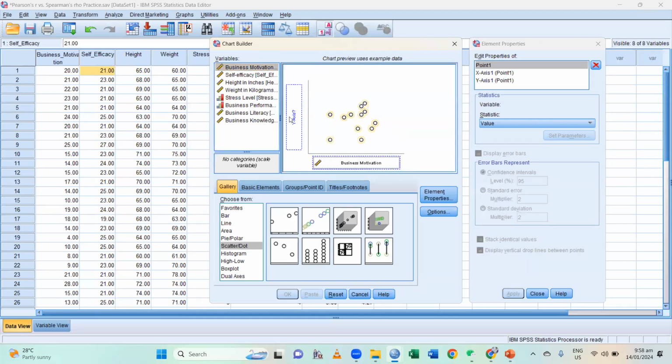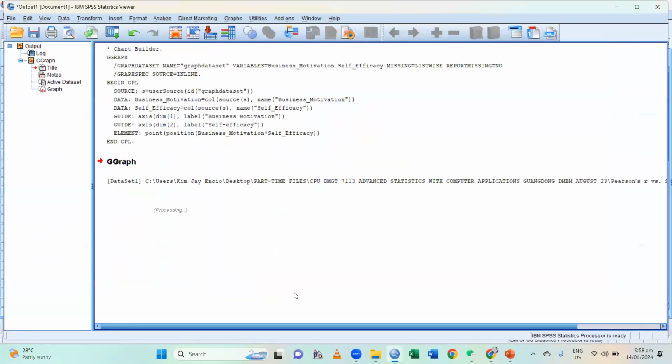And for self-efficacy, let's place it on the y-axis. So you see, we now have the two, business motivation and self-efficacy. Let us choose Scatter Plot, and choose this one, a simple scatter. You may now click OK after that.